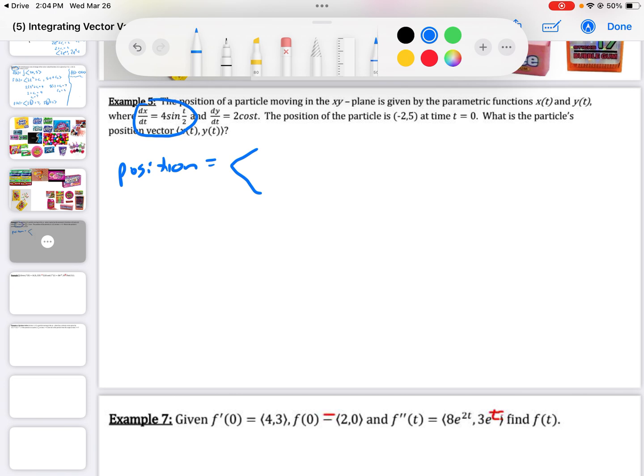Okay, so given the derivatives, to find the position, I take the antiderivative of the derivative. So that's how it's the same thing.